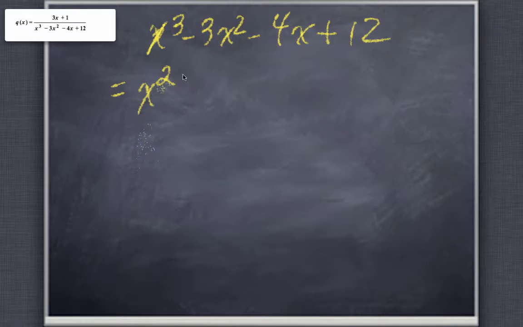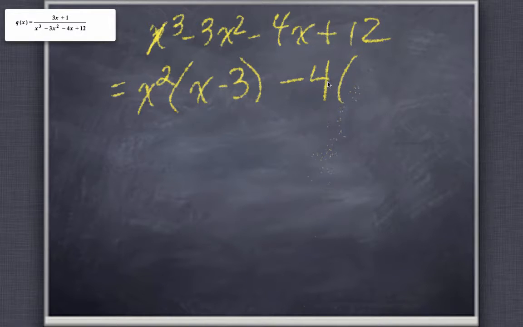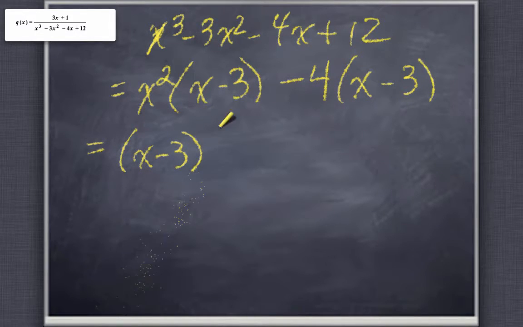So we would factor out x squared. Then we always factor out the minus, and we can also factor out 4. And now we factor out x minus 3. But now we have a quadratic, so we would still want to keep factoring. In this case, it's a difference of squares.